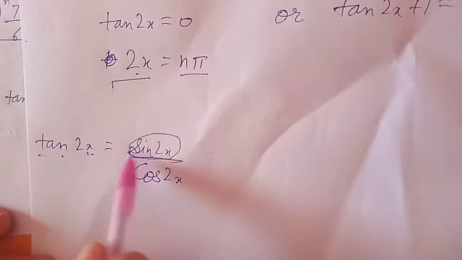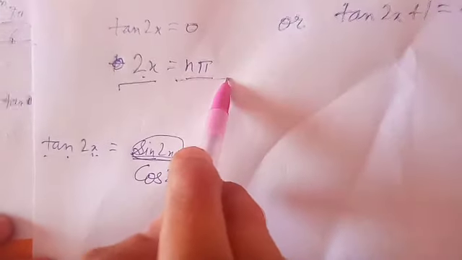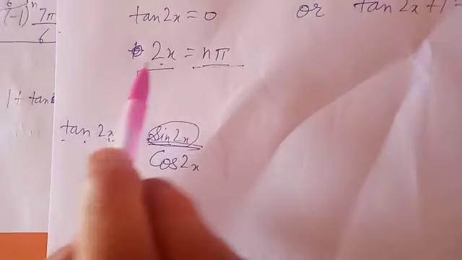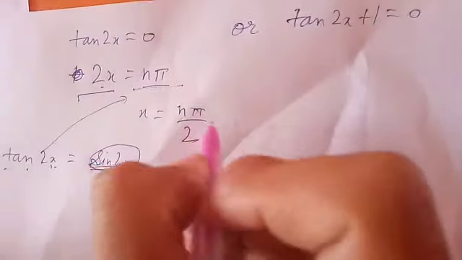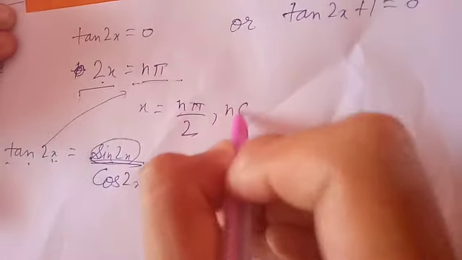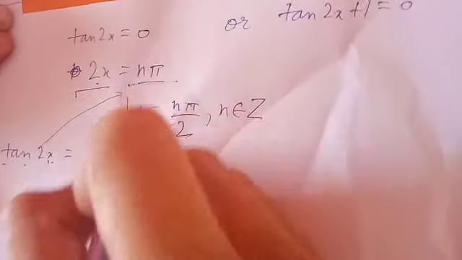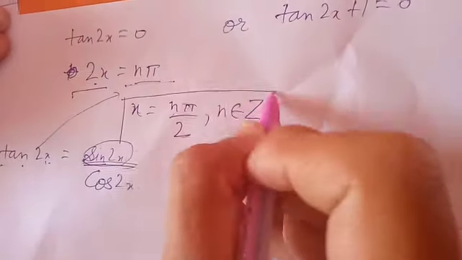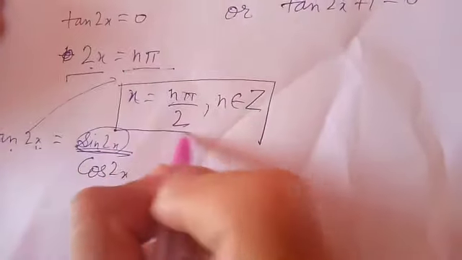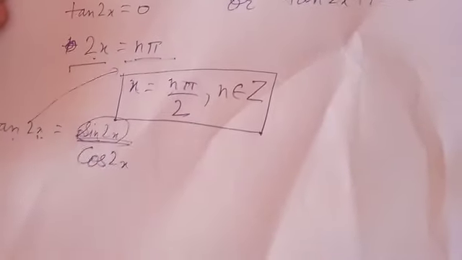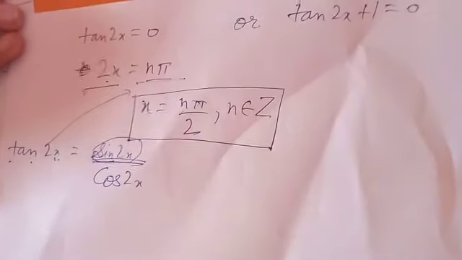And at what angle is our sin 0? Our sin is 0 at every n pi. So for that case tangent 2x is also 0 at every n pi. So from here we get the value of x as n pi by 2 for every n belonging to integers. So it is one of our solutions.